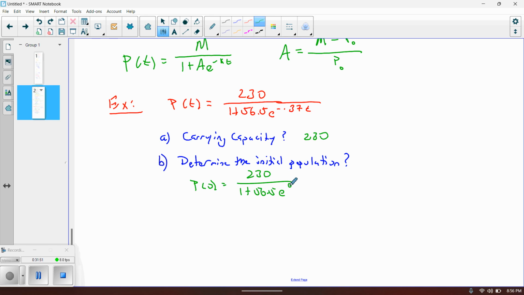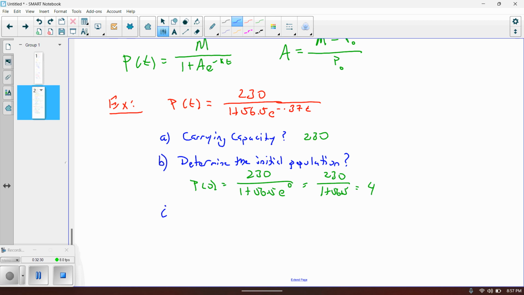Well, e to the 0 is 1, so what we get is 230 over 1 plus 56.5, or 230 over 57.5, which you could plug into a calculator. I believe this actually works out to be very nice. Pretty sure 230 over 57.5 works out to be 4. If I did that math correctly, I think I did. So your initial population is 4.